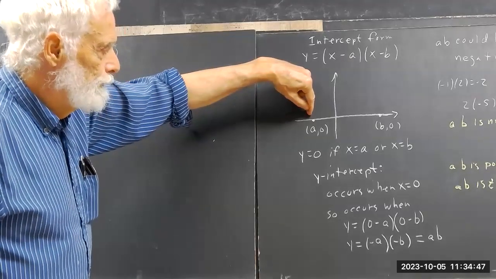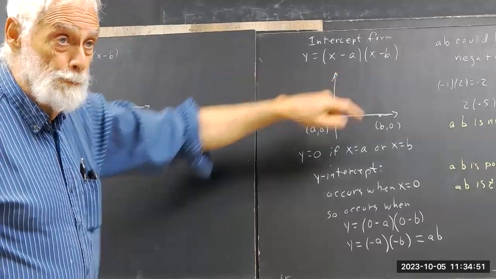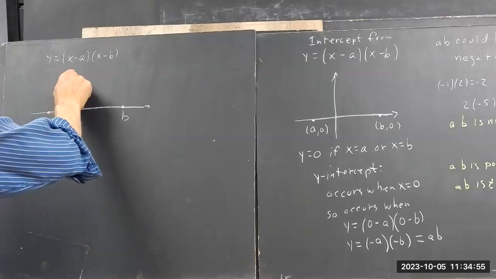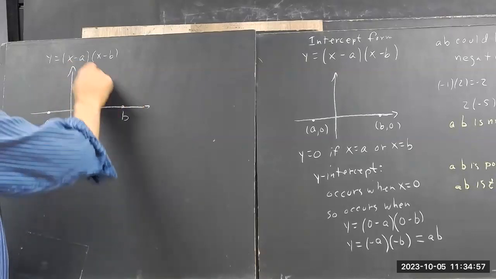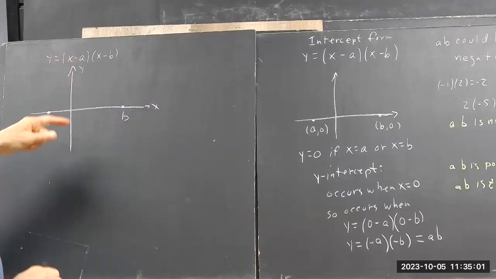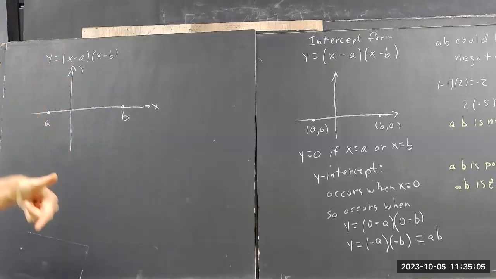In this case, a was negative and b was positive, right? So what's this tell us about the y-intercept? We have x here and y here. A is negative and b is positive, so the y-intercept is negative, right?